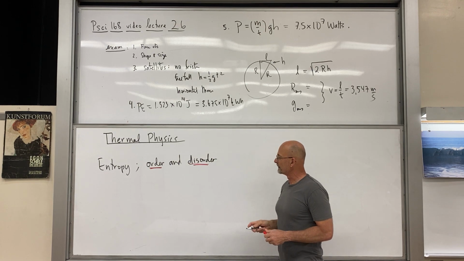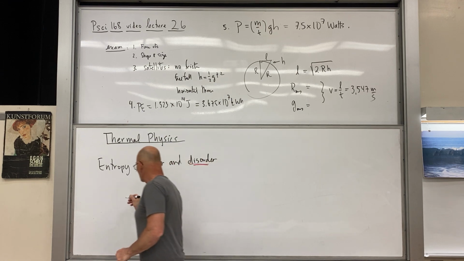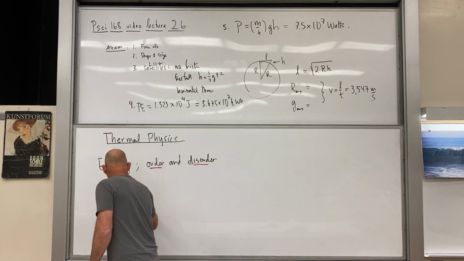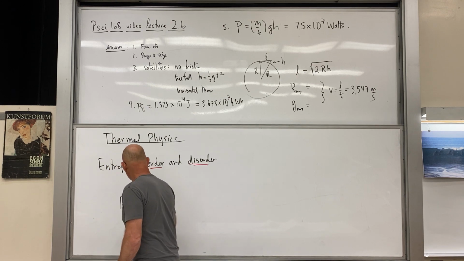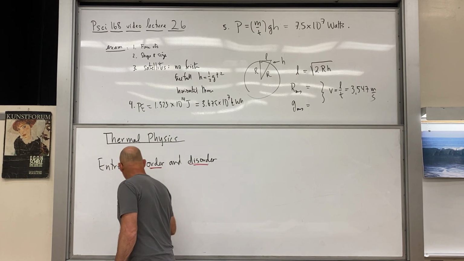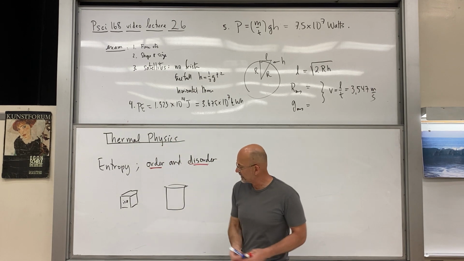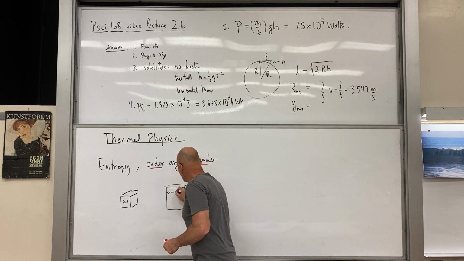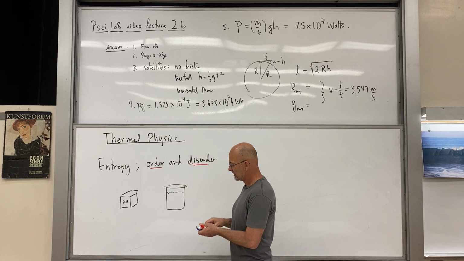So let's just start with a system, or let's start with a block of ice. So this is ice, and we know that if we add heat to that block of ice, it will melt.